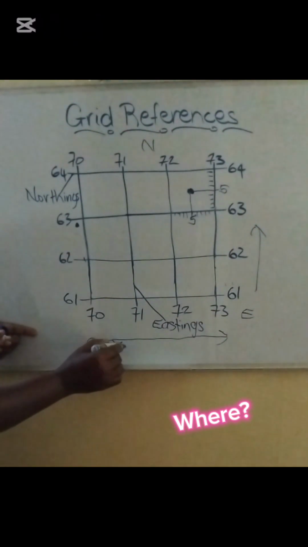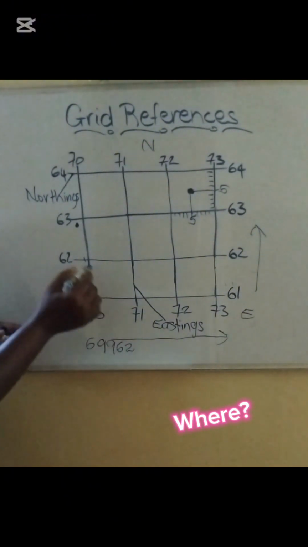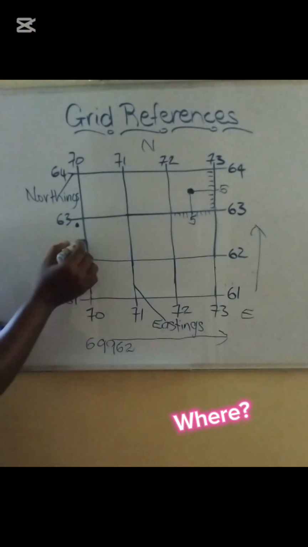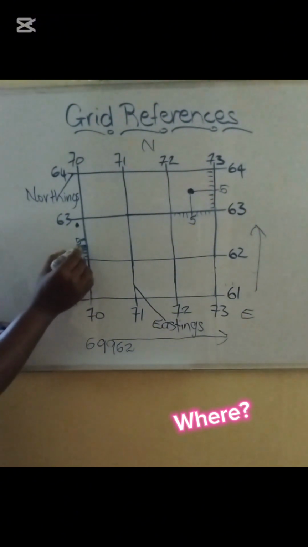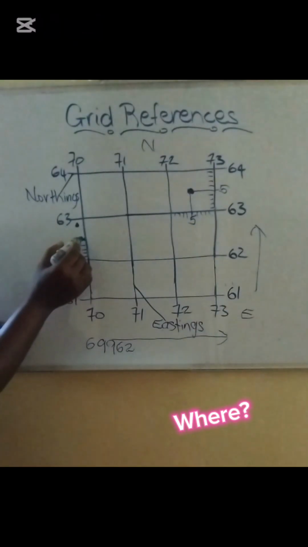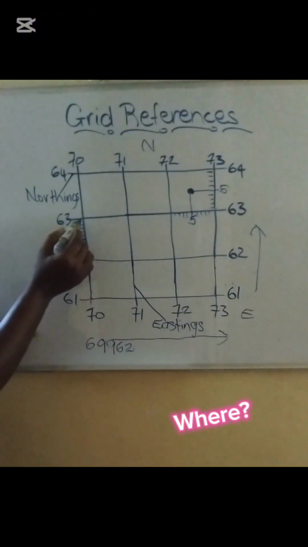It would be 62. And if we say here is about 5, 1, 2, 3, 4, at 5, 6, 7, 8, 9.